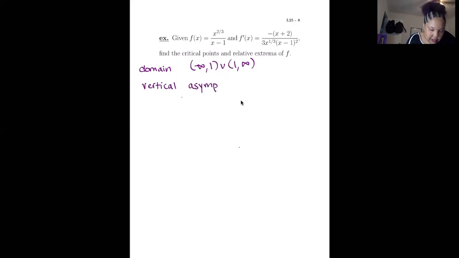So I'm going to note the domain, and it's going to be every number except for 1. There is a vertical asymptote at x equals 1.